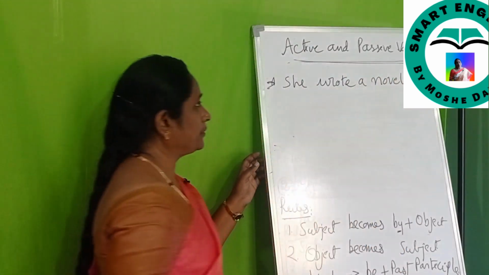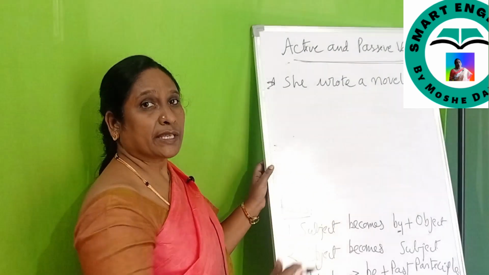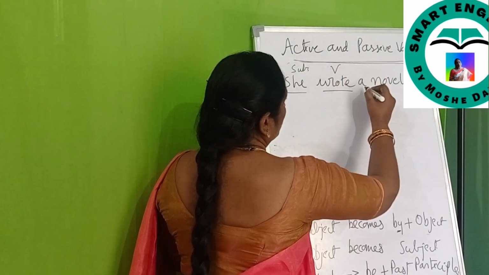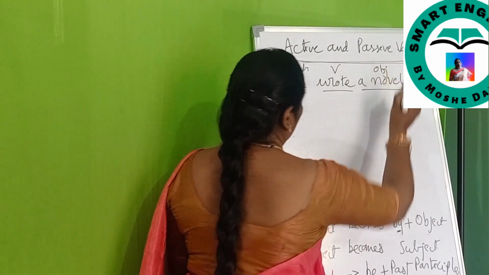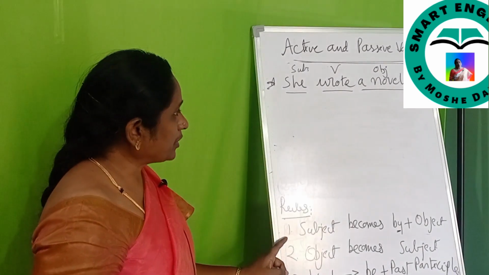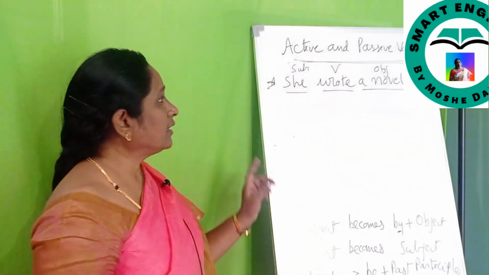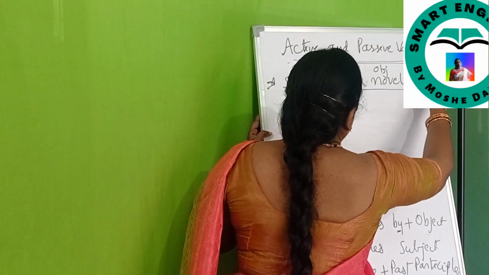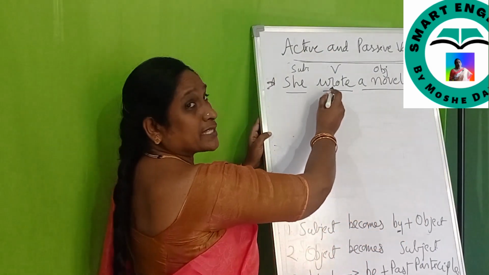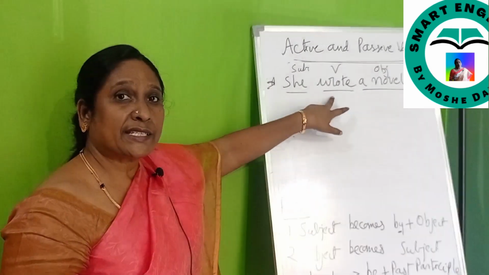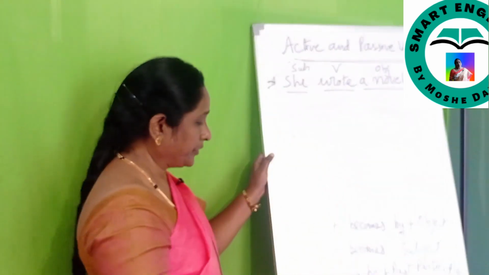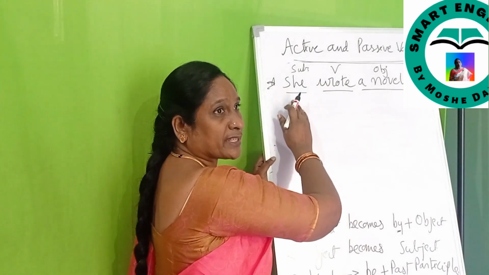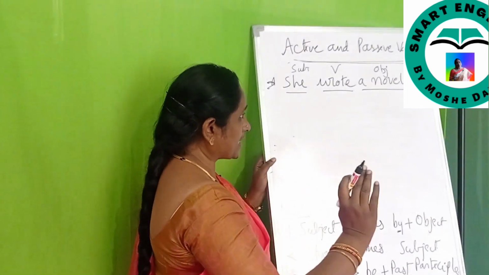When you look at this sentence, she is the subject, wrote is the verb, and novel is the object. This sentence is in active voice. Why? This verb is a transitive verb. A transitive verb has a subject, and it is talking about what the subject is doing.